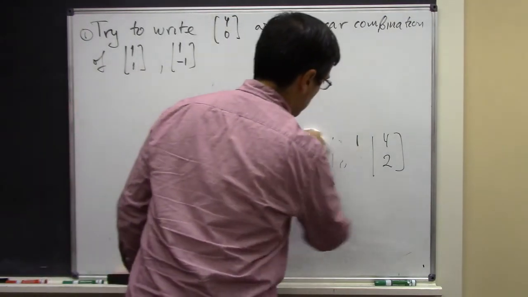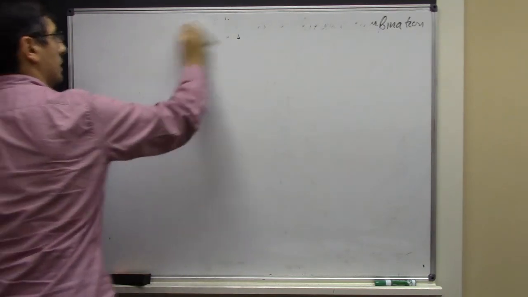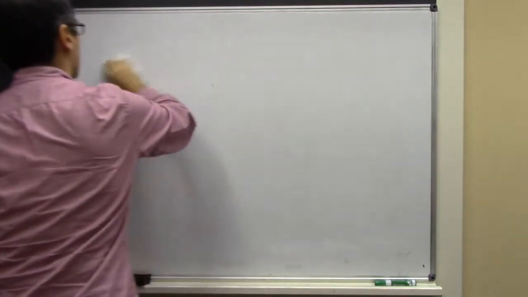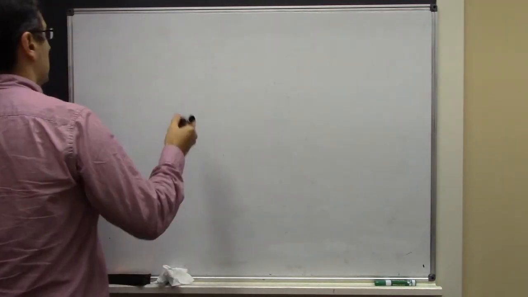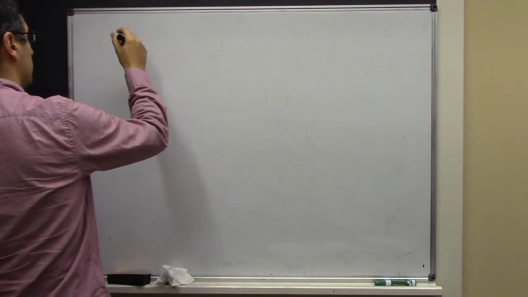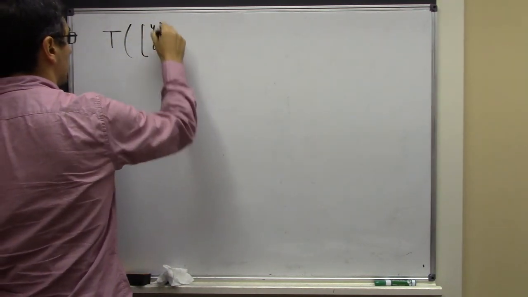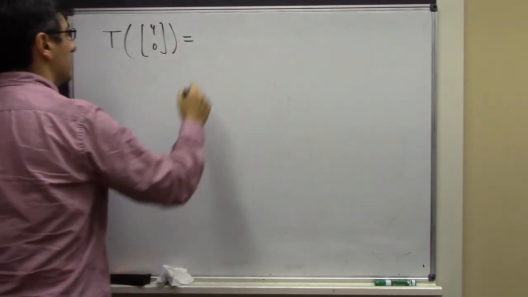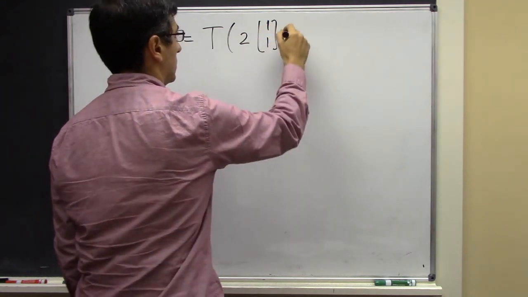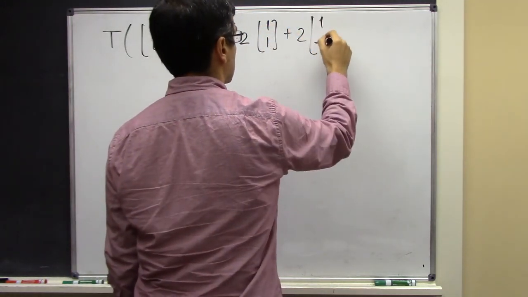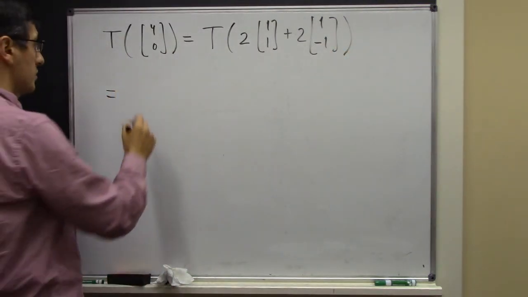Now, to answer the question of the example, we will do the following. We want to find T(4, 0). We figured out that we can decompose this vector as 2 times (1, 1) plus 2 times (1, -1), and now use the fact that T is a linear transformation.